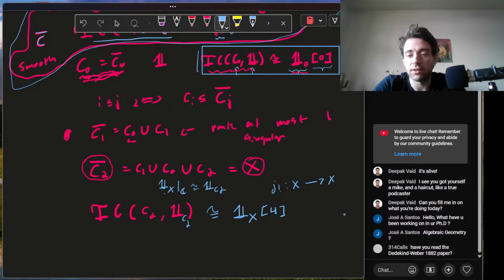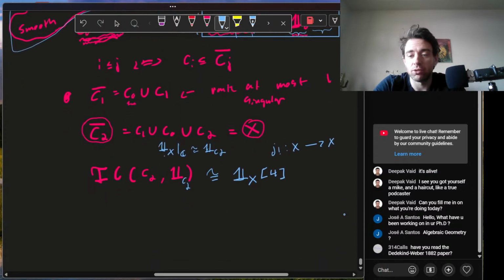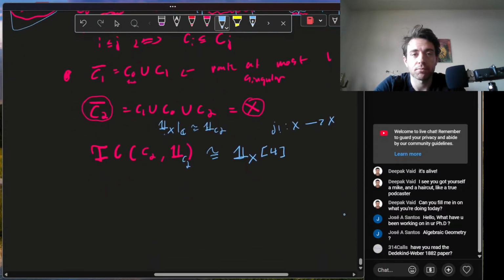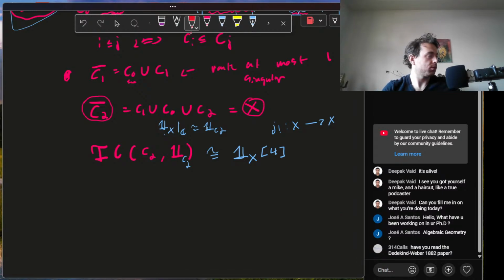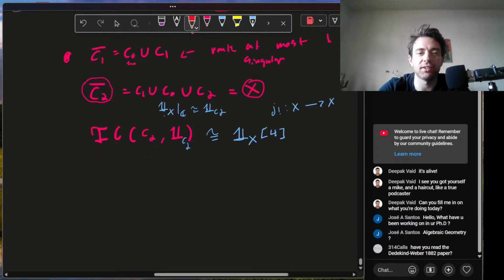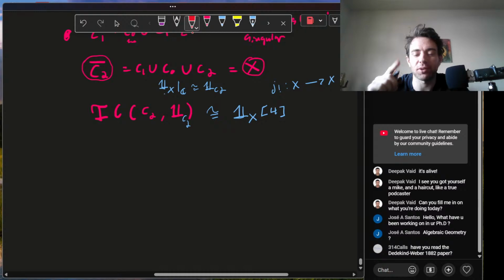I have not read the Dedekind-Weber 1882 paper. What's the Dedekind-Weber 1882 paper? Maybe I should know that. I'm going to try to not get too distracted. I mean, let me know in the comments. But I'm also trying to get this one computation done just because I promised it, and then run off.